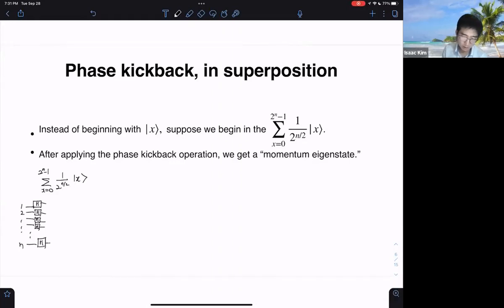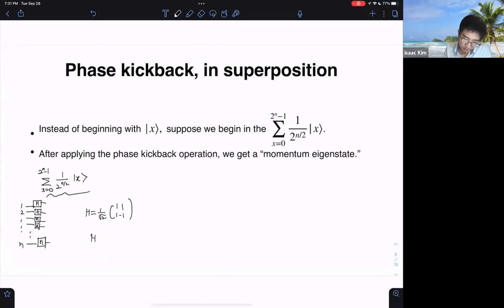Then we can simply apply a bunch of single qubit operators, where H is again the Hadamard operator, to all the qubits to create this state. The reason is that if you apply H to the 0 state, this gives you |0> plus |1>.